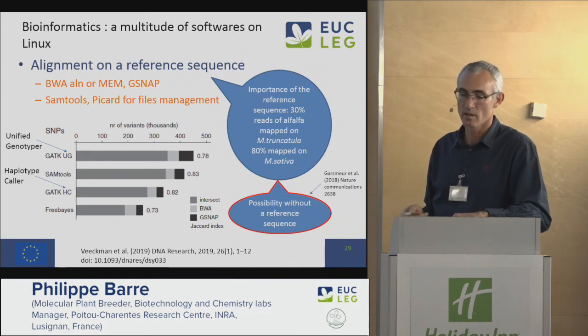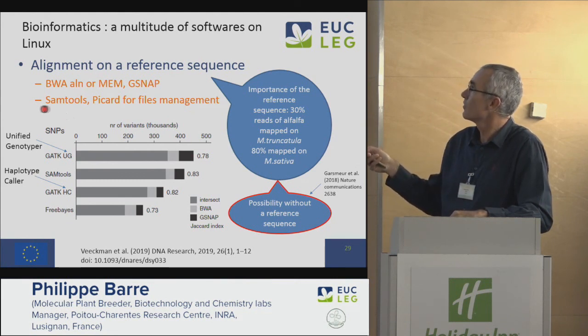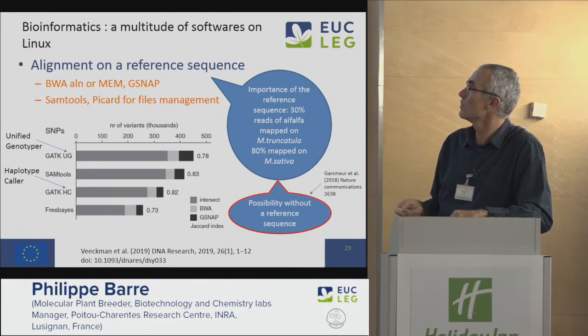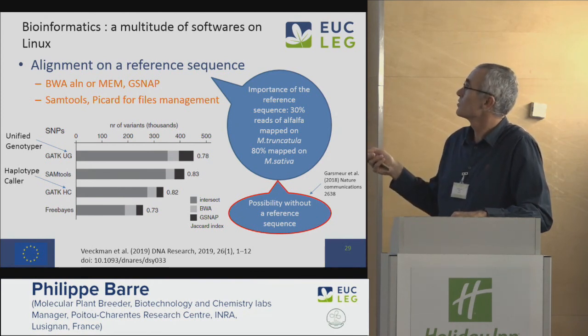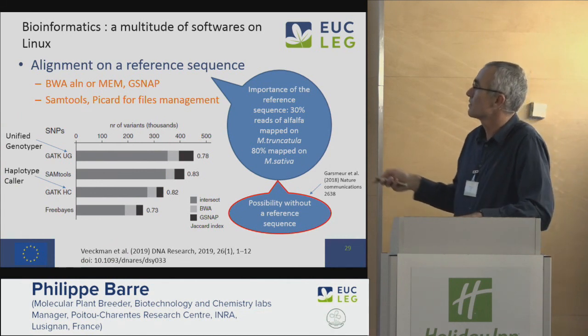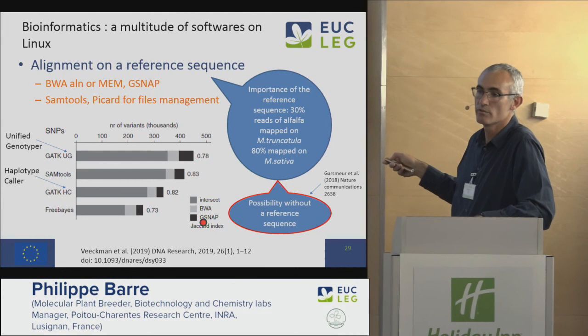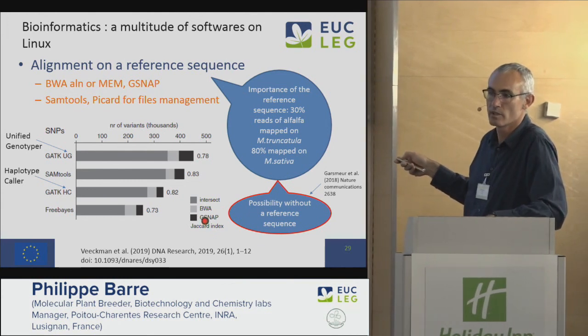For the alignment, it's the same. You have quite a bunch of software, and I think the most used is BWA, ALN or MEM, but you have others. Here I took this from the article of Elisabeth Wickman, and she compared BWA and GSNAP, two different software for mapping reads.